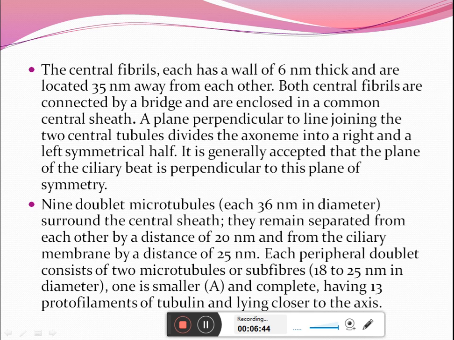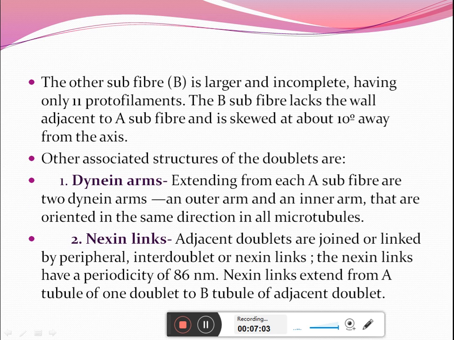Each peripheral doublet consists of 2 microtubules or subfibers, 18 to 25 nanometers in diameter. One is small, that is A, and complete, having 13 protofilaments of tubulin and lying closer to the axis. The other subfiber, that is B, is larger and incomplete in structure, having only 11 protofilaments.